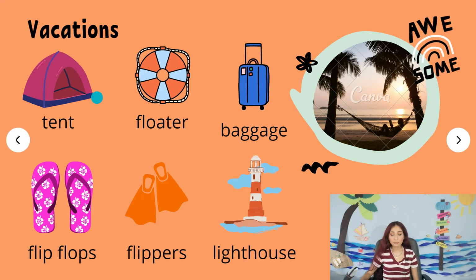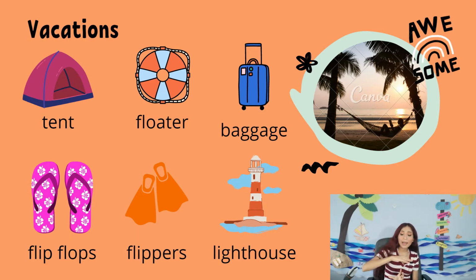Tent. Okay, this is a tent where the people that go outdoors sleep and they are safe. Floater. Okay, do you know what a floater is? Do you use it? Then we have baggage. The baggage is all your clothes and all the things that you are taking. It is not like the suitcase, no es la maleta.